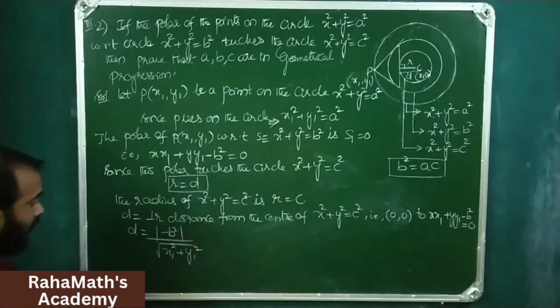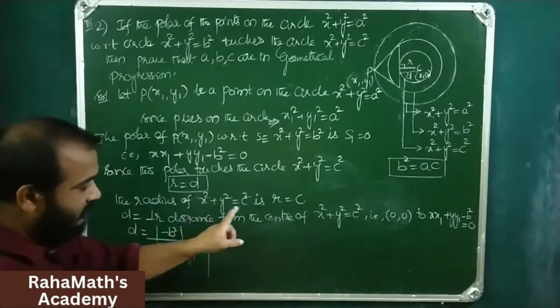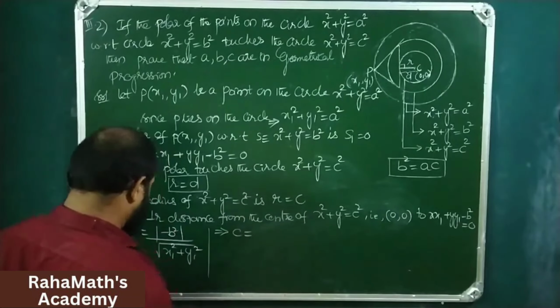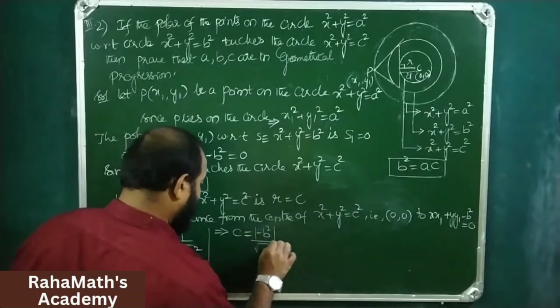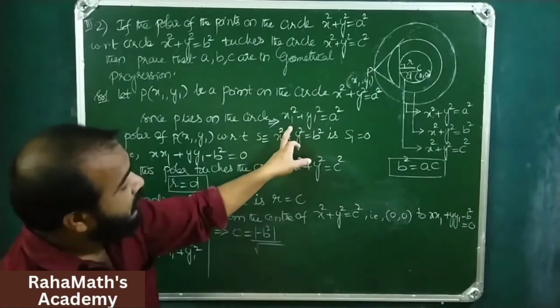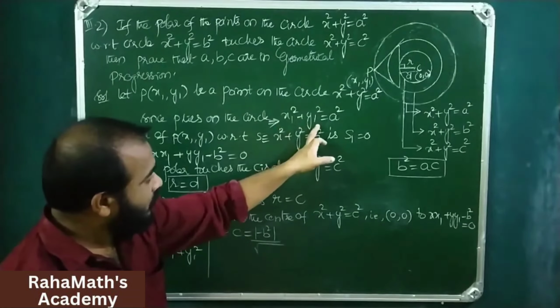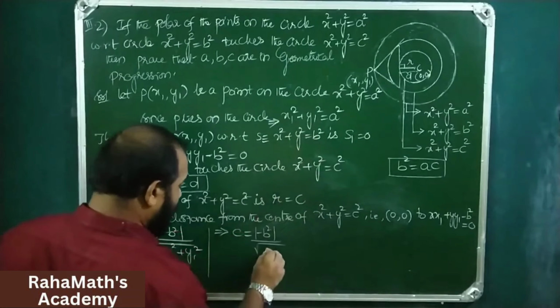So now R equals D, the radius is C. C equals D, which is minus b square by square root of x1 square plus y1 square. What is x1 square plus y1 square? It is a square. So the square root of x1 square plus y1 square is a.